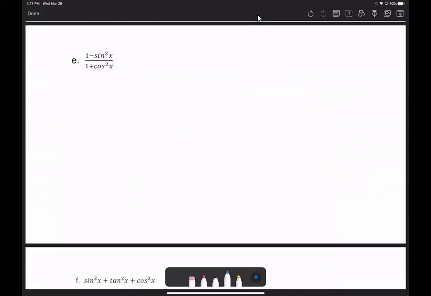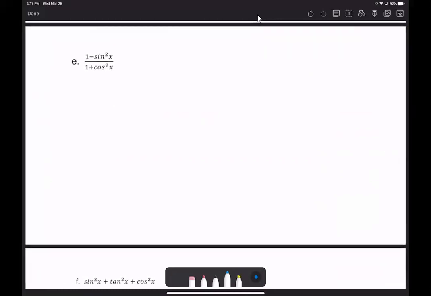So the next problem has sine and cosine. That's good, but it's a quotient. To get rid of this quotient, I cannot divide the numerator by the denominator because my denominator is a binomial, not a monomial. Two terms, not one term. So this goes back to beginning algebra.